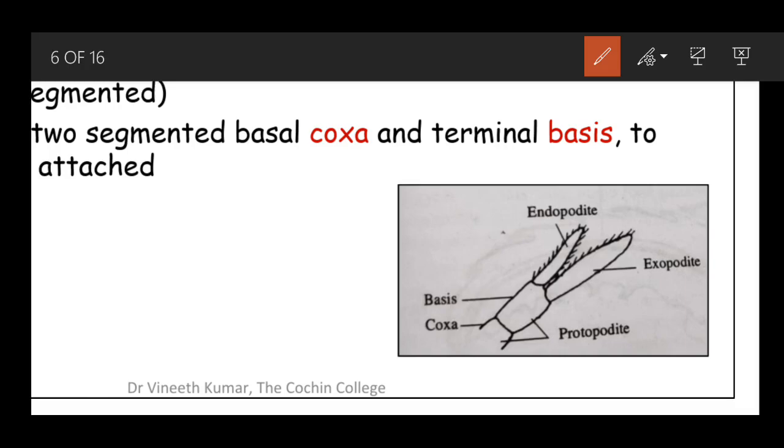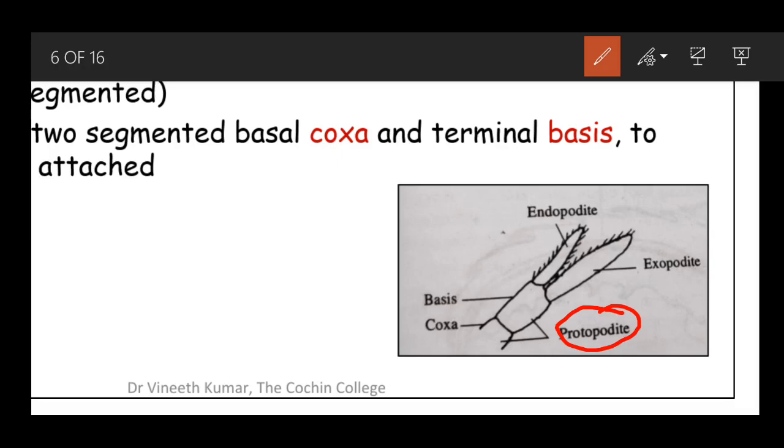One is called the protopodite, which is attached to the body wall, and the other region arises from the protopodite. Every appendage will have these basic structures, and there will be modification depending upon their function.